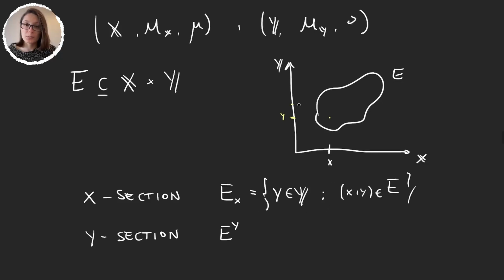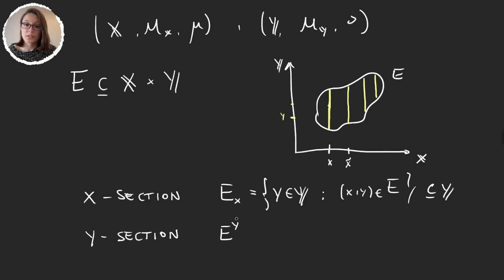Now, what about this point? Well, (x, y) is that, and it's also in E. So basically, we are getting this slice. If I change my number x, then I will get another slice, and so on. These are the X sections of E. Now, of course, this is a subset of my space Y because it's giving me all this range of numbers.